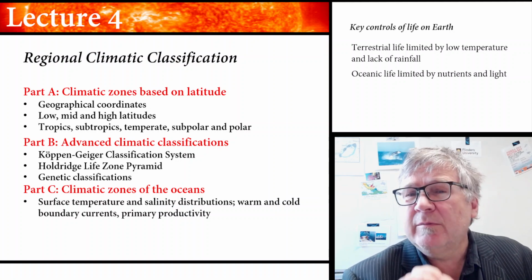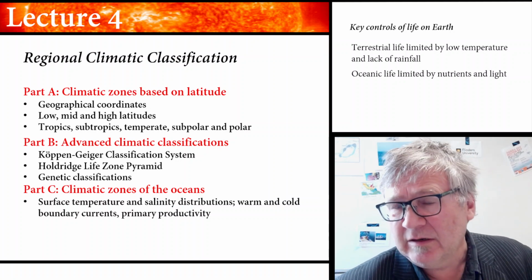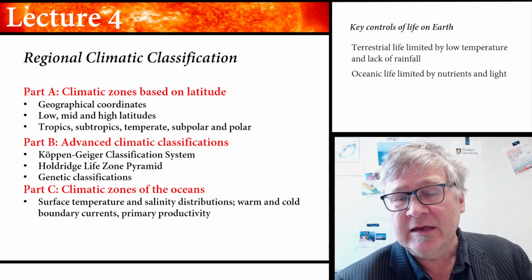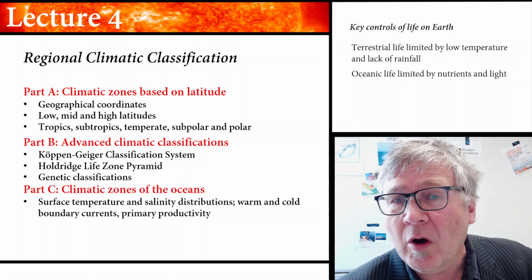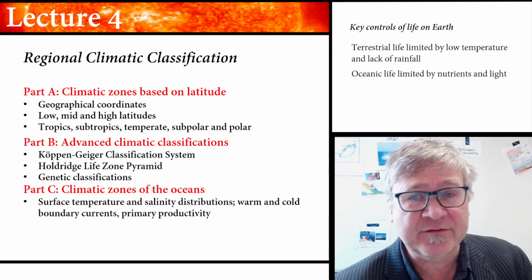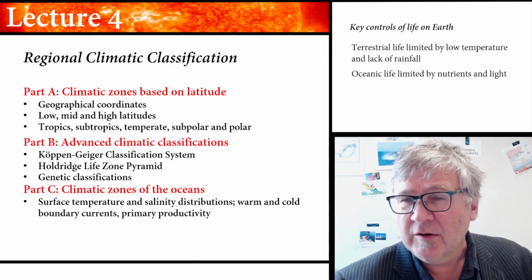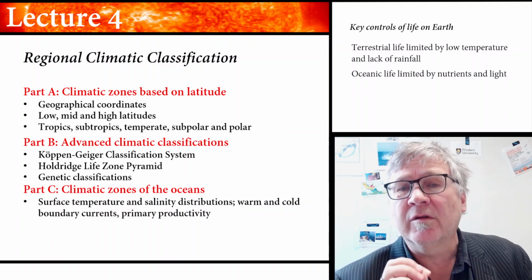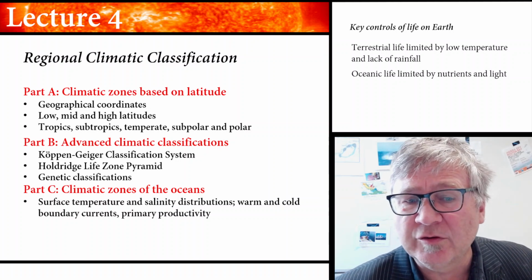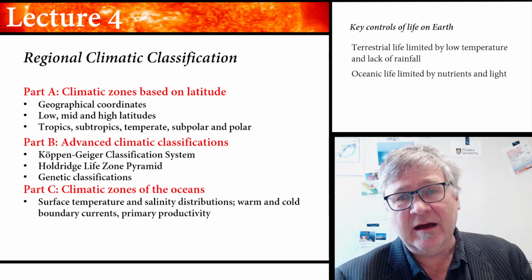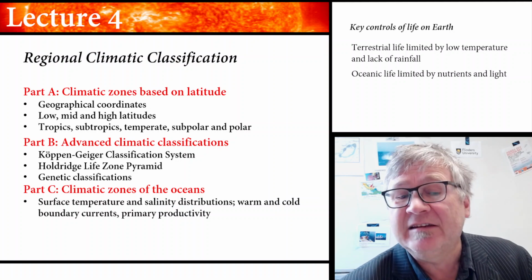We can go a little bit more into the details if we look at climates on land, which also strongly depends on the rainfall distribution. You have some very dry areas and some very wet areas. If you account for the rainfall distribution, you can define more details.